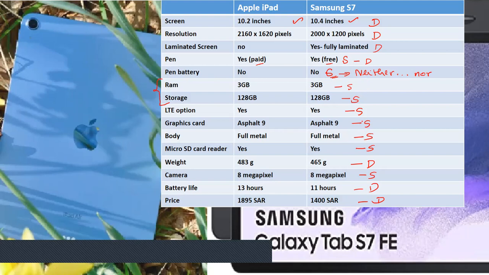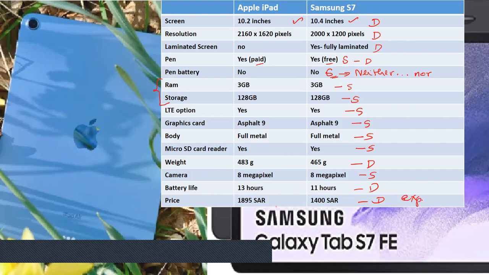So what's the difference here between paragraph 1 and paragraph 2? In paragraph 1, you give only the similarities. But in paragraph number 2, what you need to do is first explain and then describe. How? For example, the price: 1895 and 1400. So different. When you talk about the price, what is the adjective?